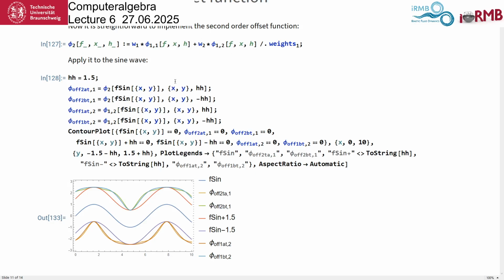So now we have computed our weights. We do it here with 1 step and 2 steps, and now we solve the same problem again. And now it becomes even more complicated for me.